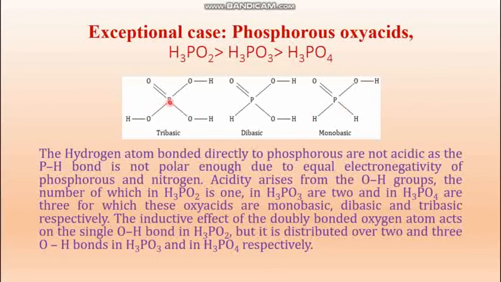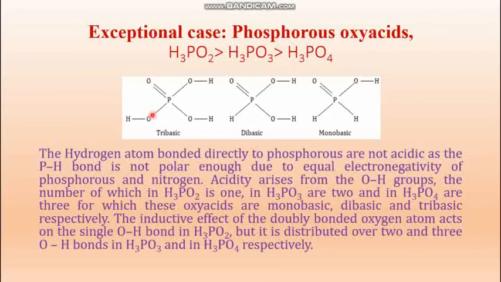But each phosphorus is attached with 1 oxygen. Here 1 oxygen, here 1 oxygen, here 1 oxygen. This oxygen is pulling the electrons from phosphorus, having higher electronegativity, due to its inductive effect, the -I effect.